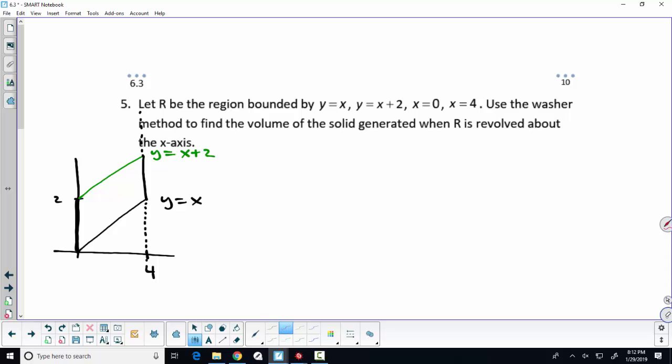Washer, again, tells us what method. We're thinking pi times f squared minus g squared, maybe, or outer squared minus inner squared. Find the volume of the solid generated when it's revolved about the x-axis. Again, these washers are just general disks, right? So disk and washer are both still constructed perpendicular to the axis of revolution.